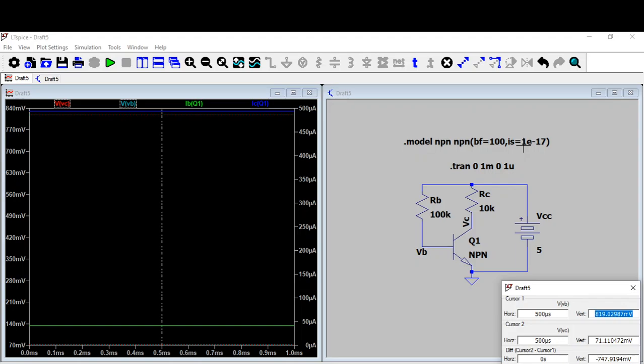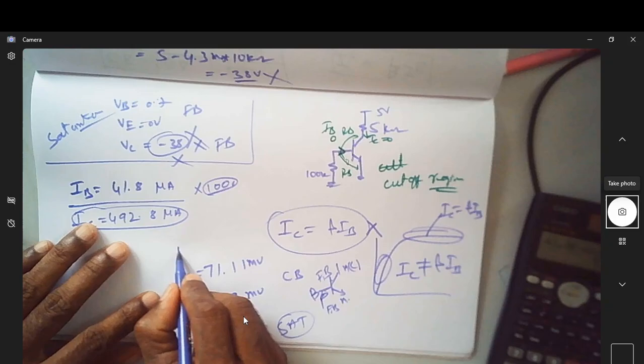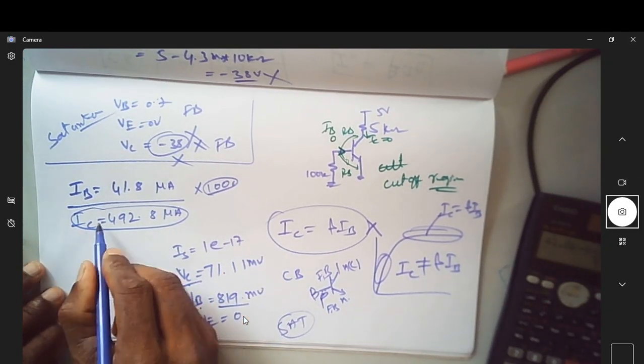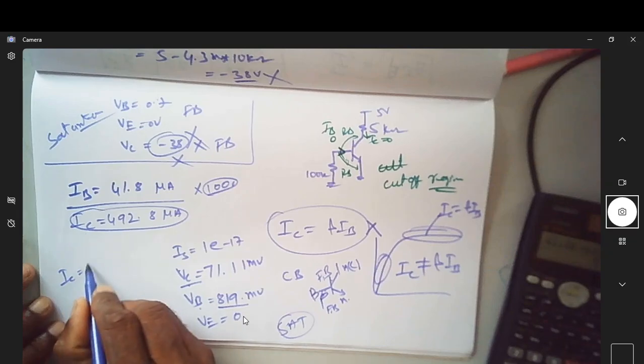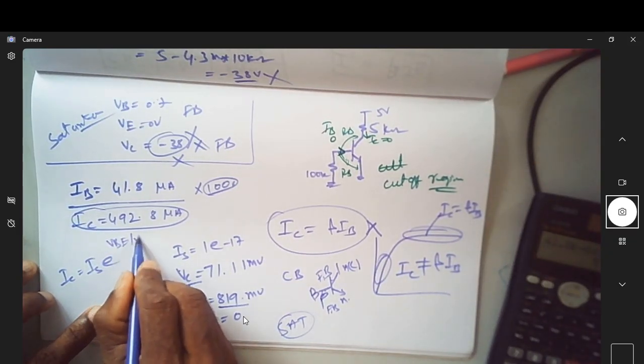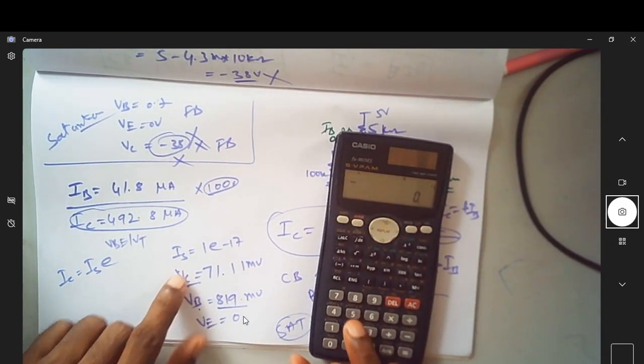If I take IS as 1 e power minus 17, what is this? IC is given by IS e power VBE by VT. This is VBE. How much is IS?